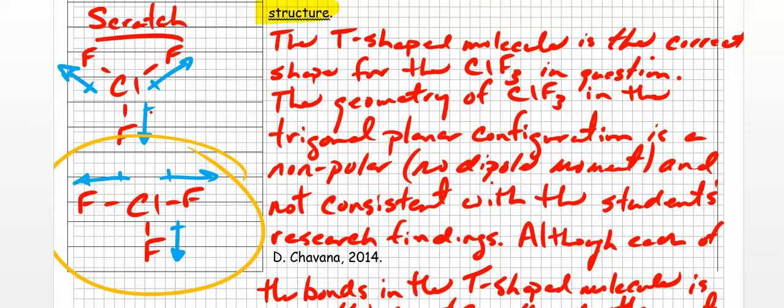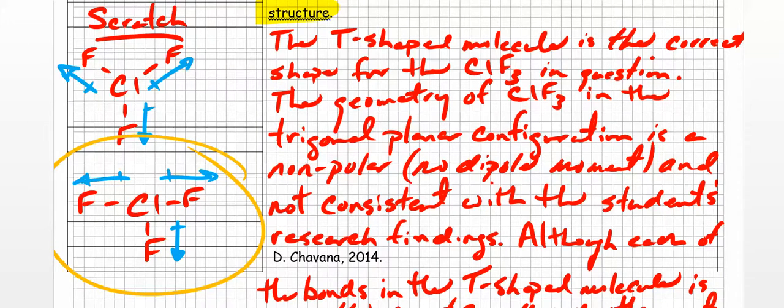But let's compare that to the T-shaped structure. The T-shaped structure is this one here. Cl, F, F, F, just like that. The arrow to the left and the arrow to the right are going to balance each other out. They're going to cancel, no problem. But look at this F going down. The fluorine going down is not balanced with another fluorine going up, or anything else going up for that matter.